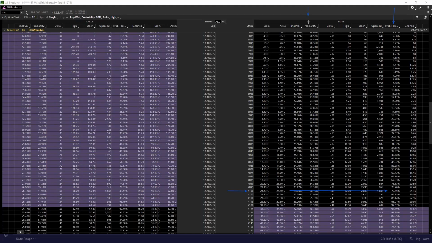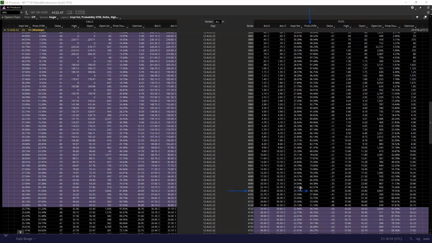We use probability out of the money, so we'll use the opposite percentage. The probability that the 4,100 strike price will be out of the money, in other words the S&P trading above 4,100 by Friday, is 60%. Inversely, there's a 40% chance that by Friday the S&P will close below 4,100. So there's a greater chance we're going to close above 4,100 by Friday.